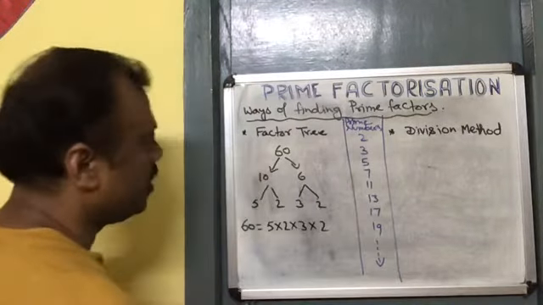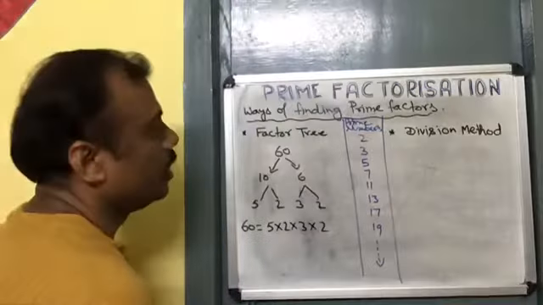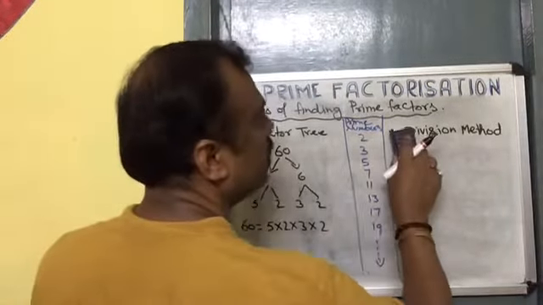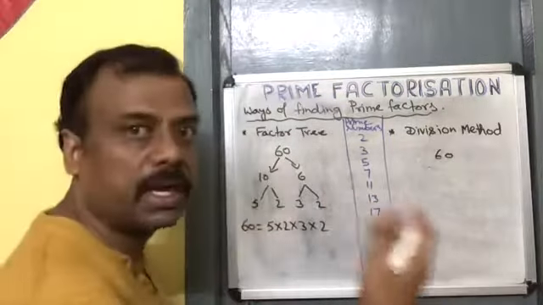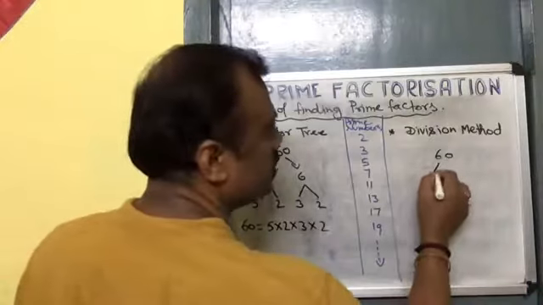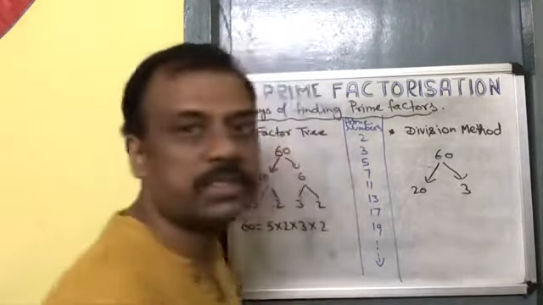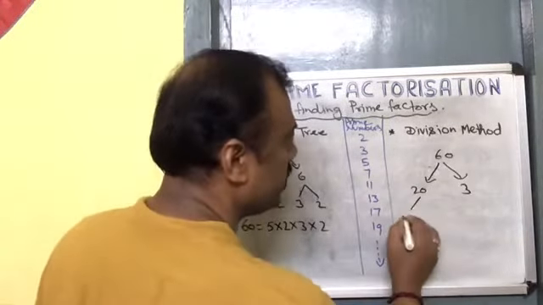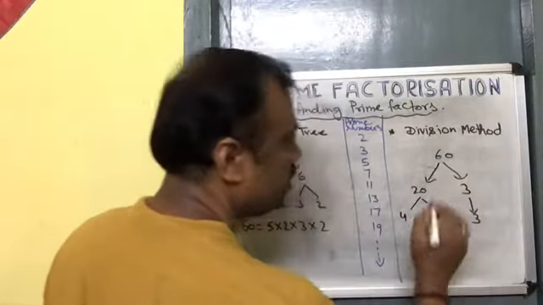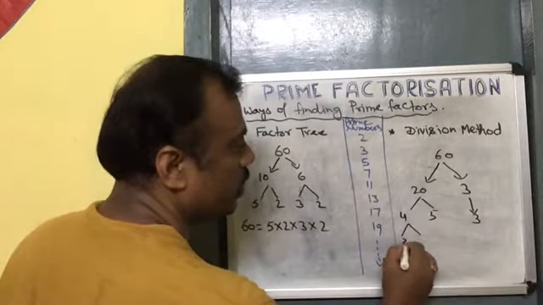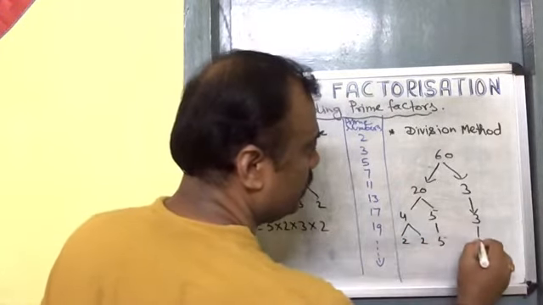Let us make this factor tree here. I will do the division method later on. So 60 can be written as 20 into 3 this way, and 20 can be written as 4 into 5. 3 we will take as it is, and 4 can be written as 2 into 2. 5 as it is, 3 as it is.